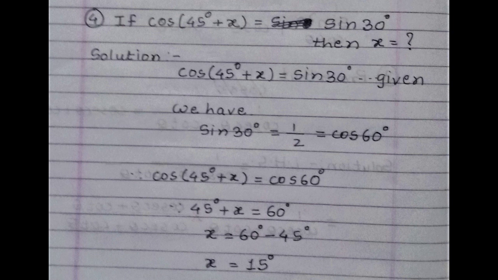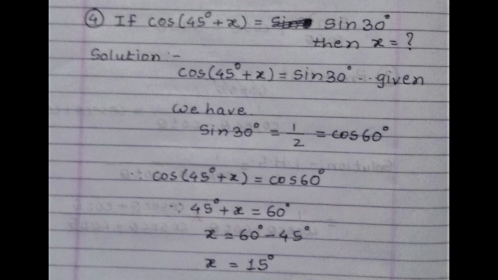So sine 30 is equal to cos (90 minus 30). It becomes cos 60. So the value of sine 30 is equal to 1 upon 2, and the value of cos 60 is also equal to 1 upon 2. Therefore, cos (45 degree plus x) is equal to cos 60 degree.